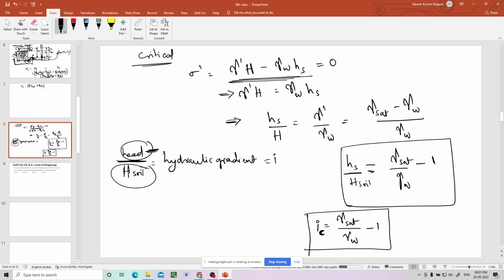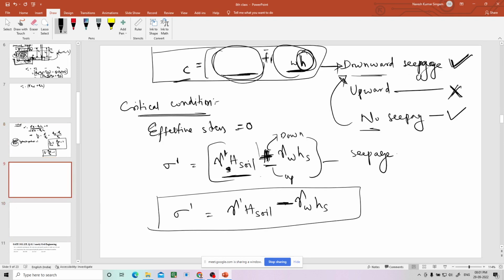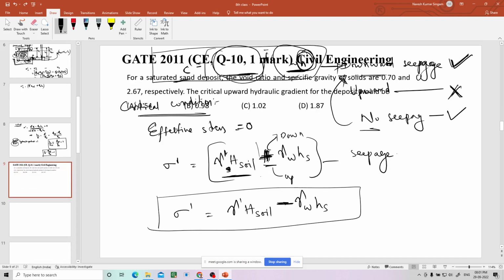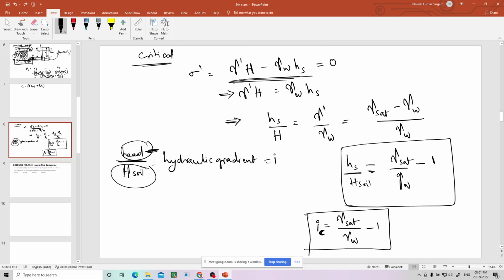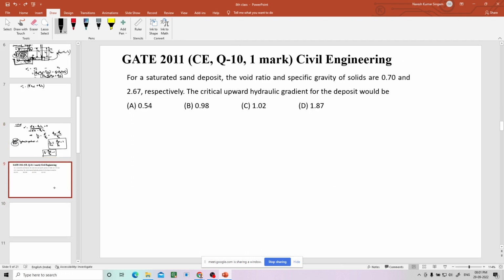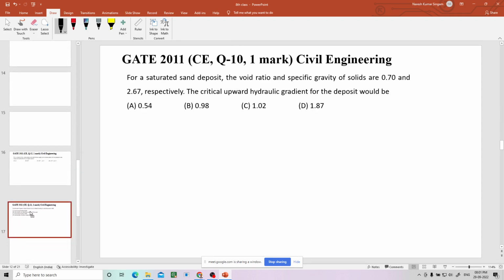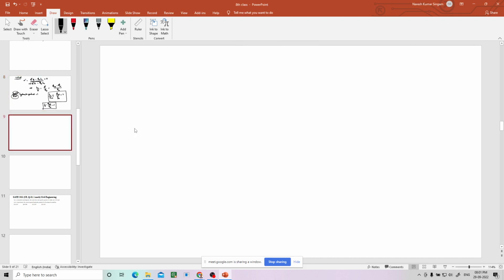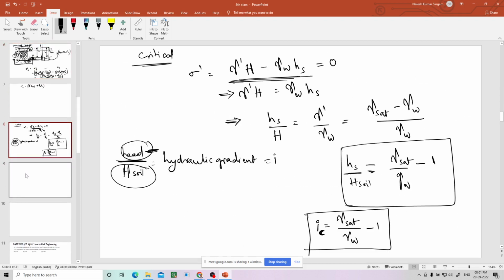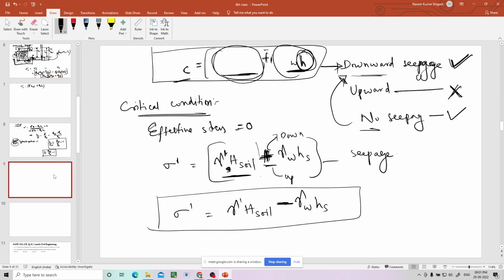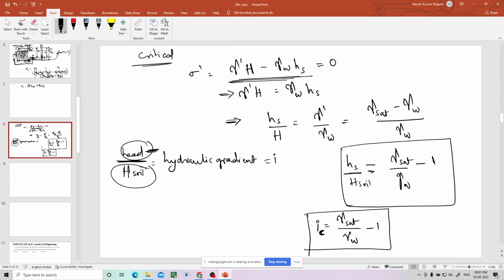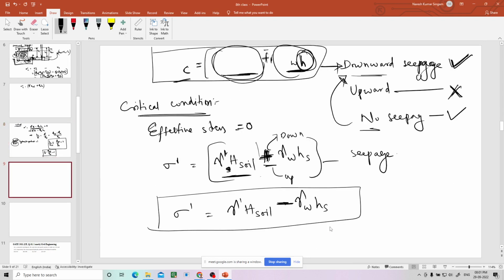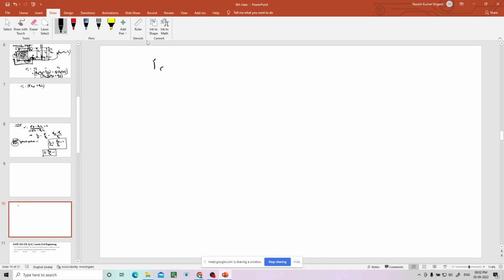Now if we again so what is the hydraulic, there is some problem here, just don't mind. So what is the hydraulic, critical hydraulic gradient?